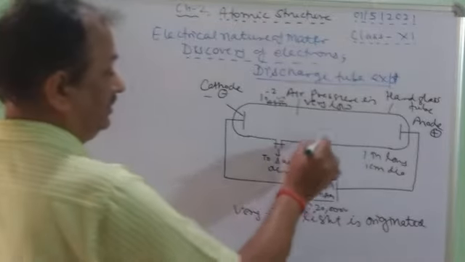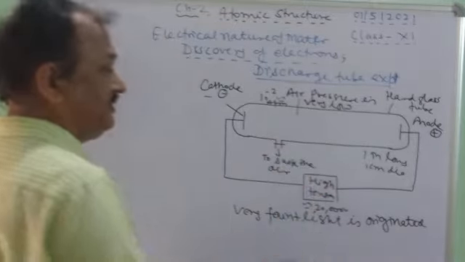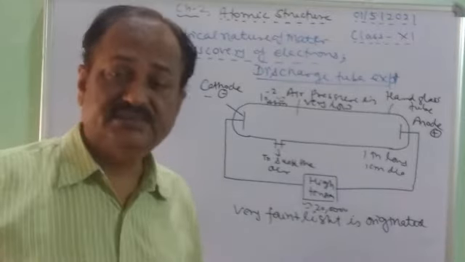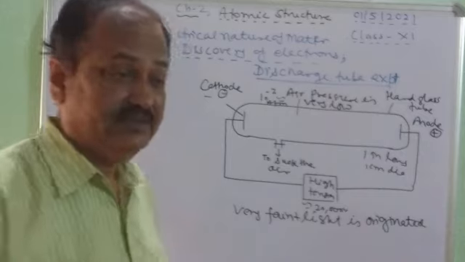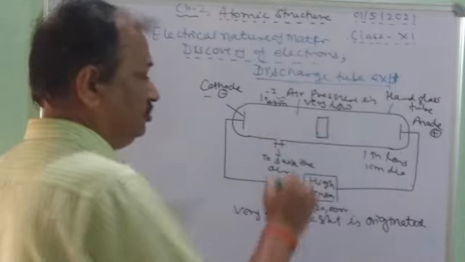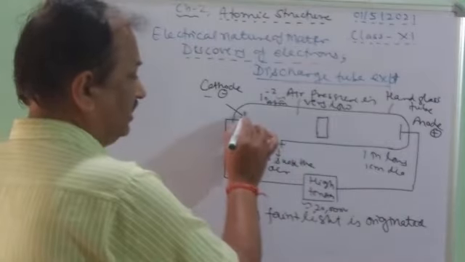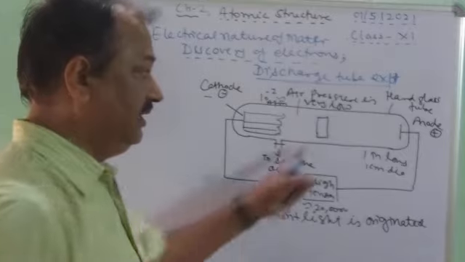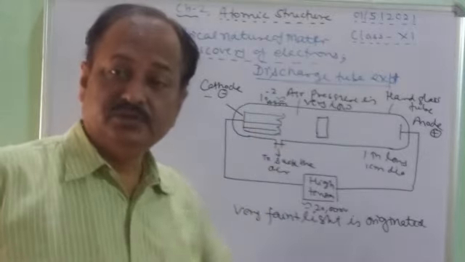When an opaque object, say a thick metal sheet, was placed here to stop the rays, the rays were coming from the negative going to positive.